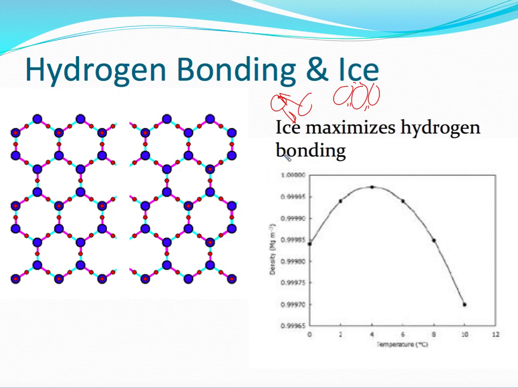Okay, so in the case of ice, when it comes to hydrogen bonding, all the blues are oxygens, and the little red dots are hydrogens. If it's bonded with a purple line, this is telling you it's covalently bonded. So this oxygen is covalently bonded to these two hydrogens. That's my water molecule.